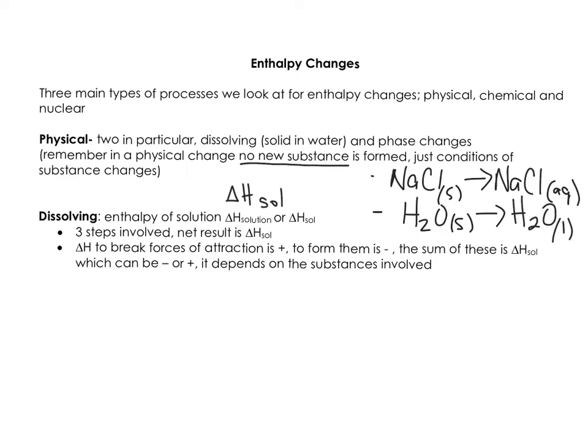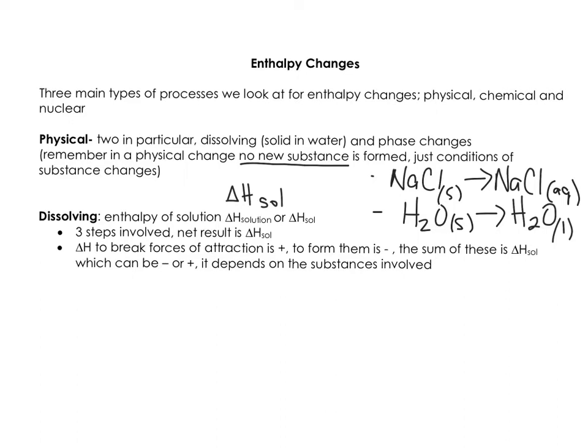So basically what you have to do first is you break the forces of attraction between the solute particles, and you have to break the forces of attraction between the solvent particles. And these are endothermic changes. They are positive delta H's.